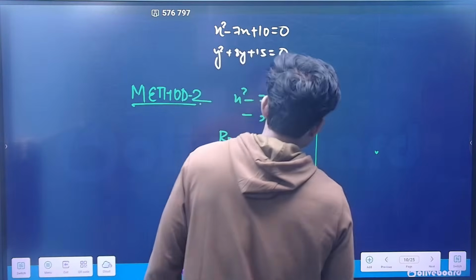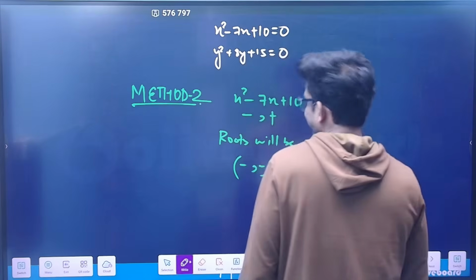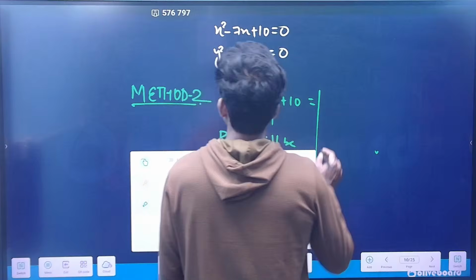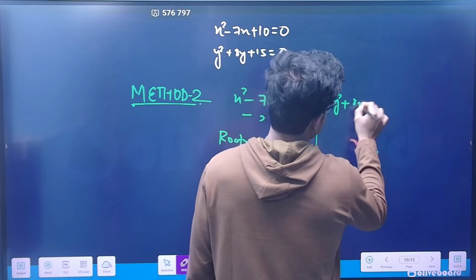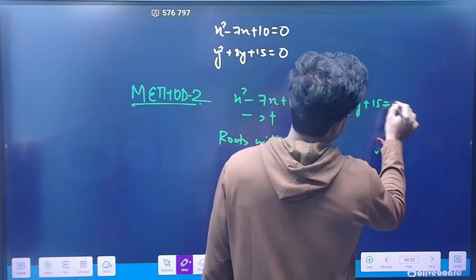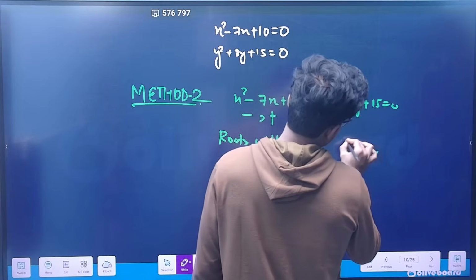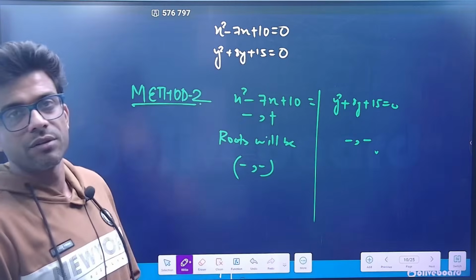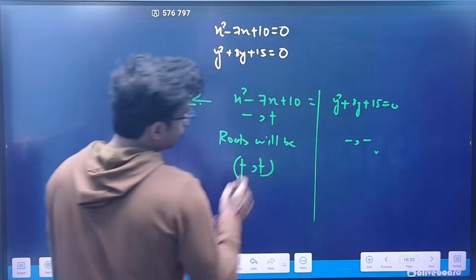Now the second equation, y square plus 8y plus 15 equals to 0. I don't know the roots, but the roots would be negative. Is it right? Here the roots would be positive. Here the roots would be negative.